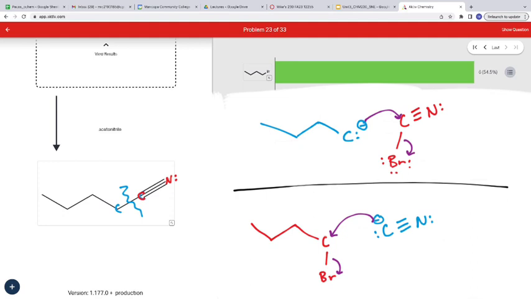If this is sp, this is a linear structure. What's on the backside of the carbon-bromine bond? The triple bond, a whole bunch of electrons. So how could this nucleophile come in from the backside? All it's going to encounter is electrons, and therefore get repelled away.